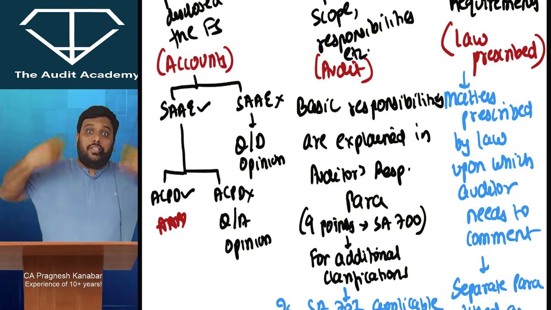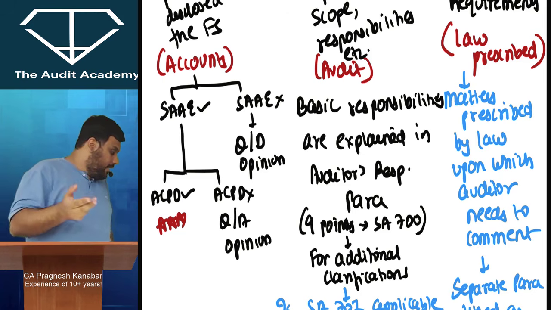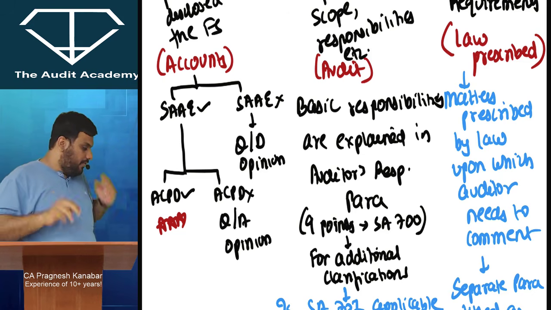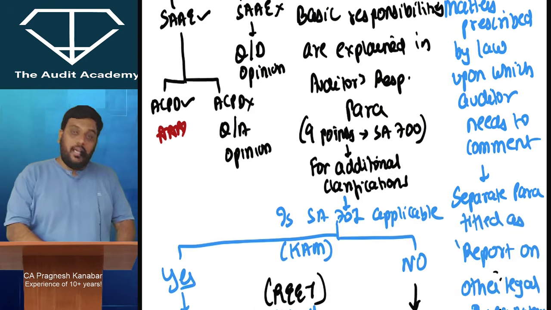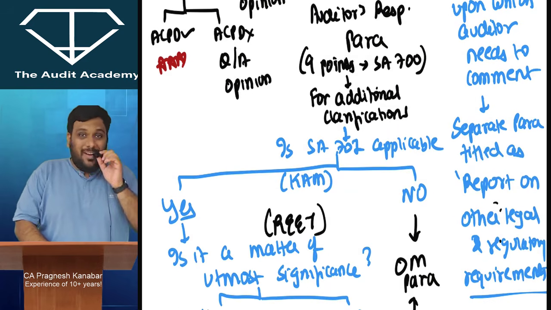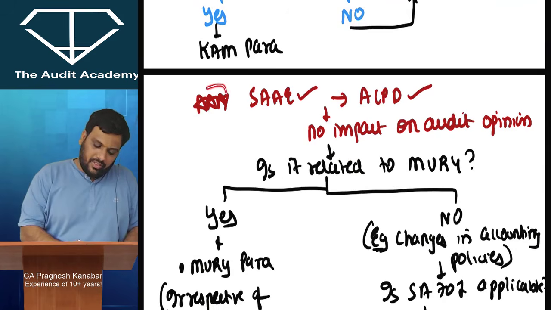However, if it is related to material uncertainty over going concern, then you will write it in MURG paragraph. Material uncertainty related to going concern paragraph, yes or no, sir? Yes, sir. But see, I don't want you to think like that. You see these 3 stars? I have given you a systematic chart.